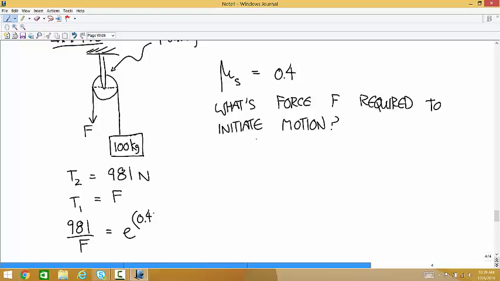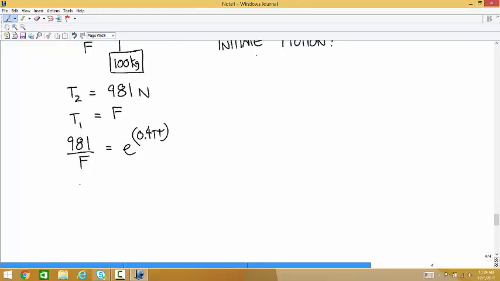It's just equal to pi, so 0.4 pi. And so F is equal to 981 divided by e to the power of 0.4 pi. And you get a value of 279.2 newtons.